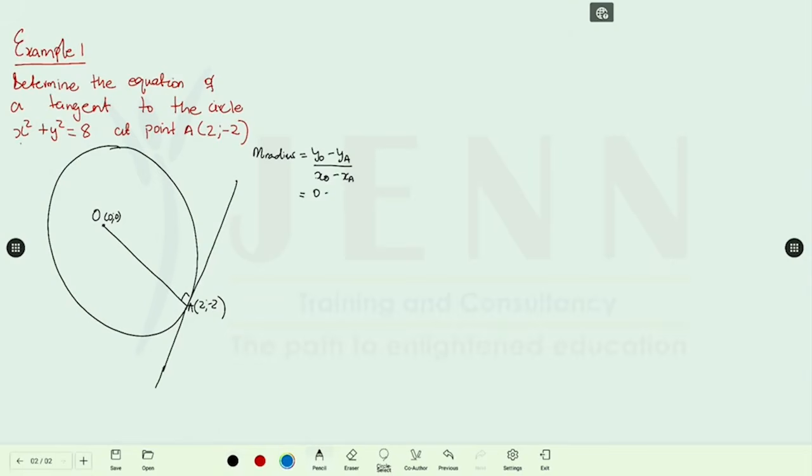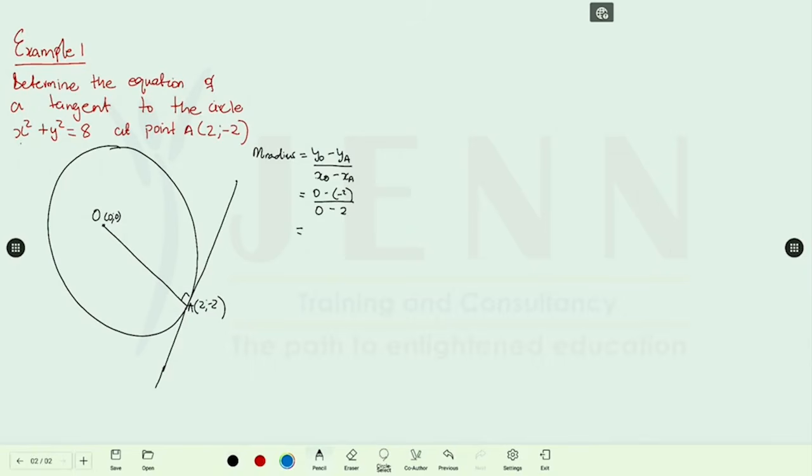Don't make a mistake and put positive 2; it comes with its negative. Divided by the x coordinate of O, which is 0, minus the x coordinate of A, which is 2, equals our answer, the gradient of our radius. Negative by negative will give us positive.